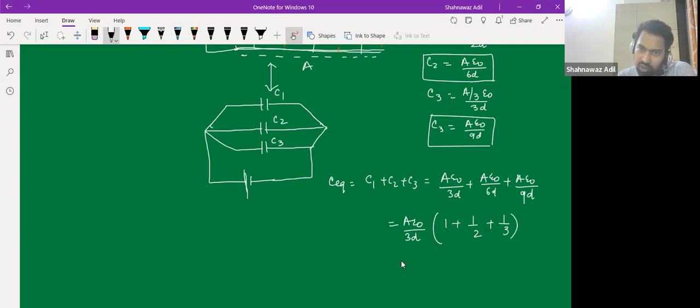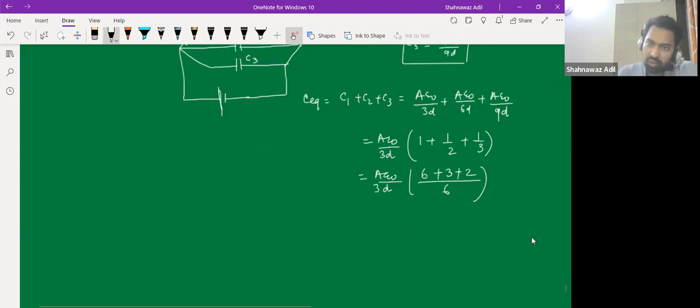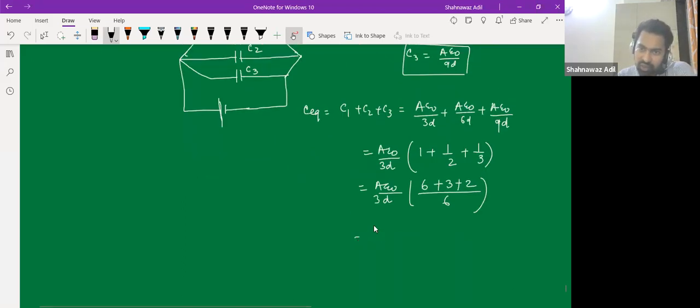So this would be A epsilon naught by D, 6 plus 3 plus 2 over 18. So this would be how much? So 11 A epsilon naught by 18D.